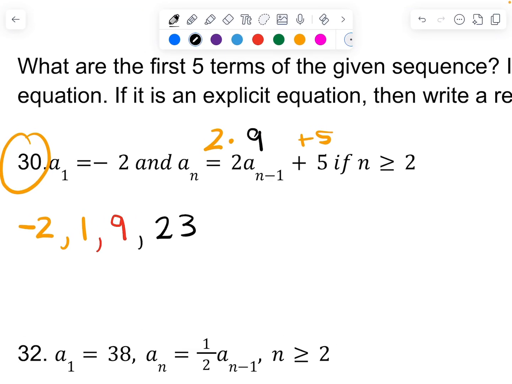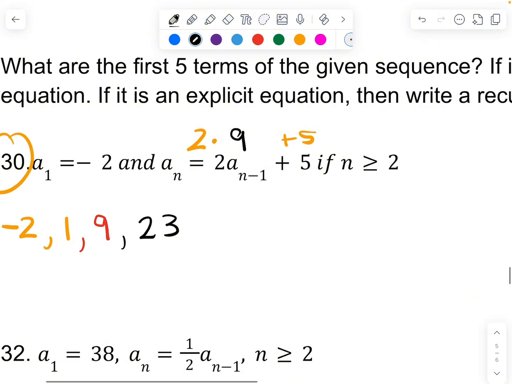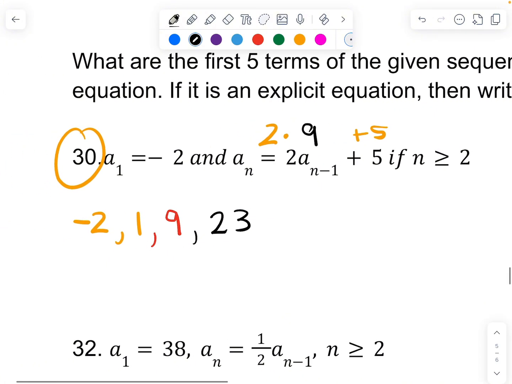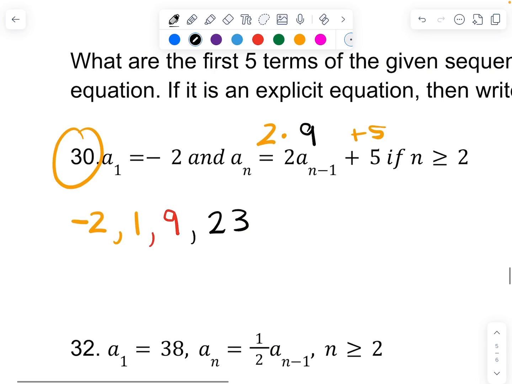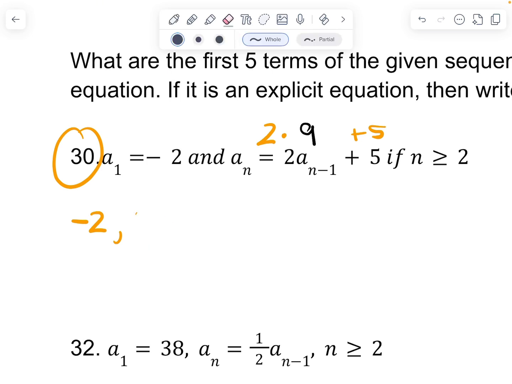1, 2, 3, 4. Oops. Did I do that right? 1 times 2 is... I did not do that right. I knew those numbers were looking a little weird. Let's do this again. Negative 2, that would be negative 4 plus 5, which is 1.